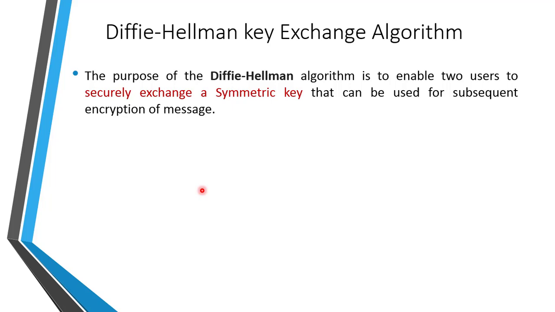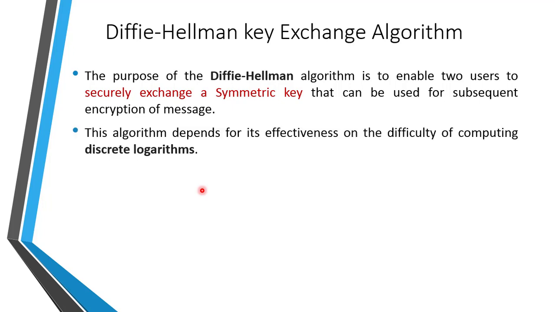The algorithm itself is an asymmetric key cryptographic algorithm, but it is used to share the symmetric key. The purpose of the Diffie-Hellman algorithm is to enable two users to securely exchange a symmetric key, known as a secret key, which is used for the subsequent encryption of the message.